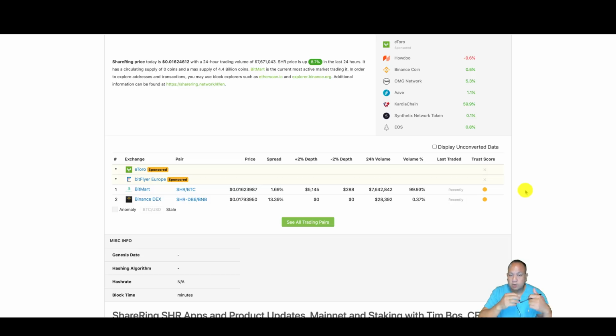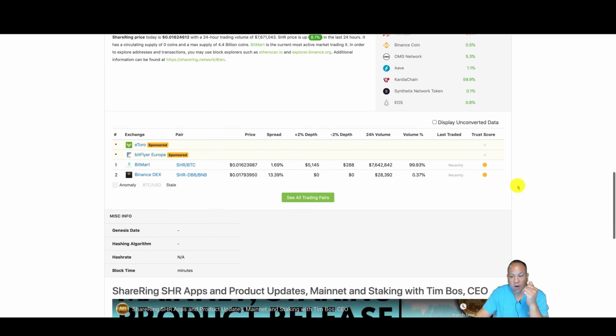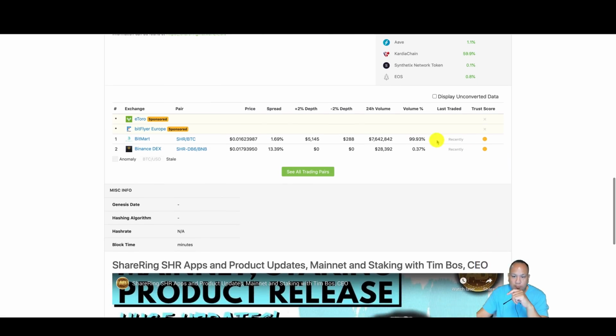So you can log in, create an account, purchase it, transfer it to your cold wallet, and do whatever you want with it without any KYC, like uploading your driver's license, putting in the date, etc. So a lot of people like that, the no KYC. Some people are very particular with that. As you can see, the volume here on Bitmart has 99.93% of the volume.